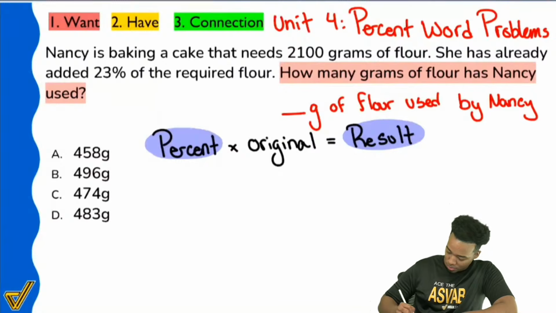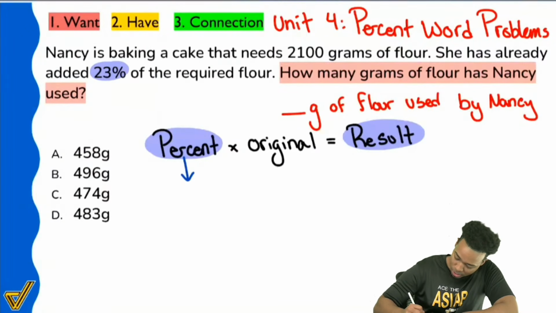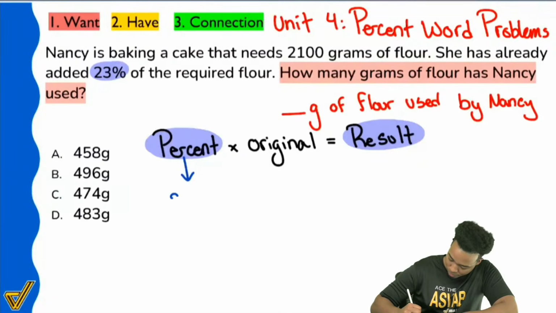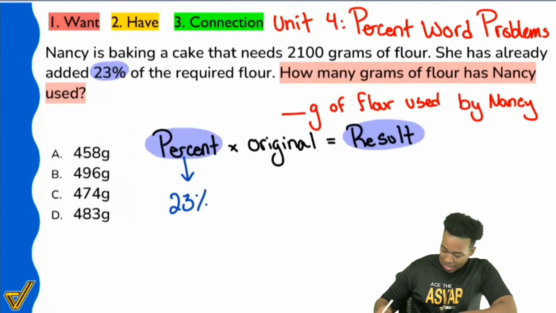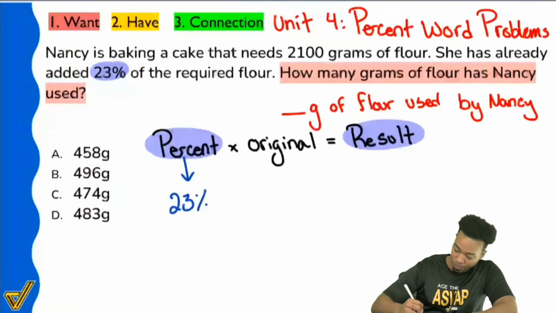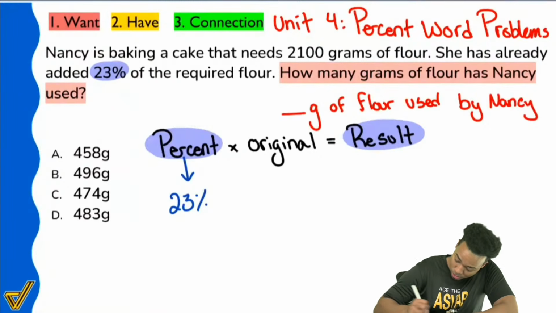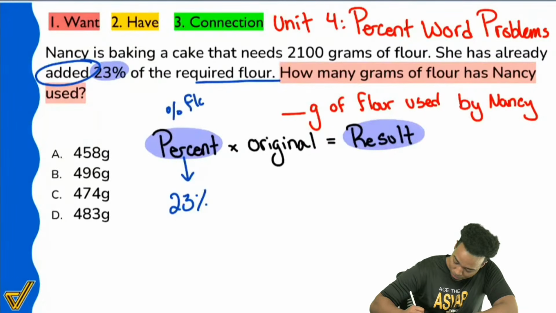Right here, this percent, I'm going to go ahead and say that's 23%. And again, what that means is that's 23% used. She's already added that amount of flour. So percent of flour added.